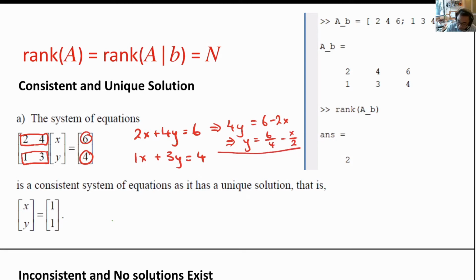And the second equation is implying 3y is equals to 4 minus x, implying y equals to 4 over 3 minus x over 3.